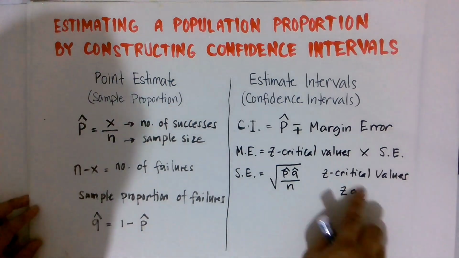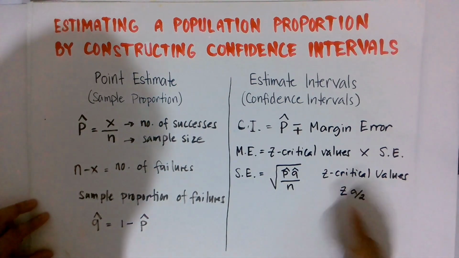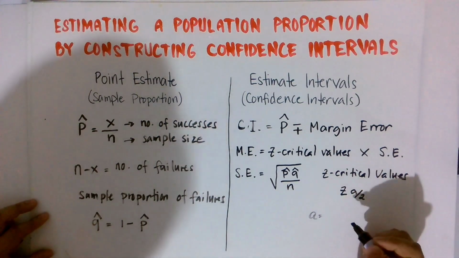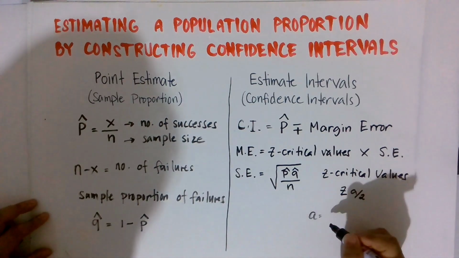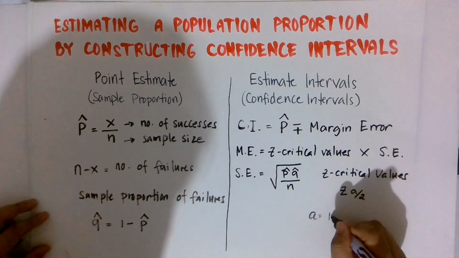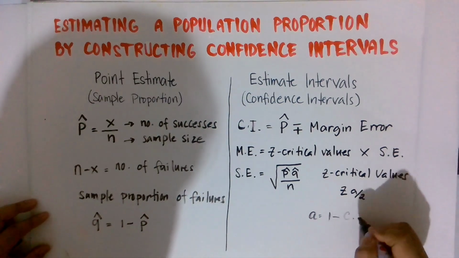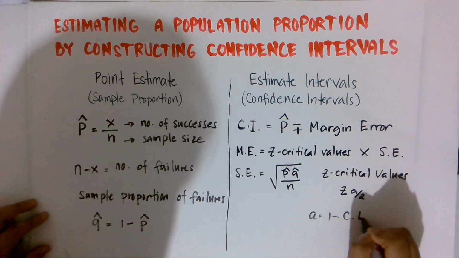Now, how to get the Z sub alpha over 2? So remember that alpha is the significance level, and the formula of alpha is actually 1 minus confidence level. Yan, sorry. Okay, CL, confidence level.